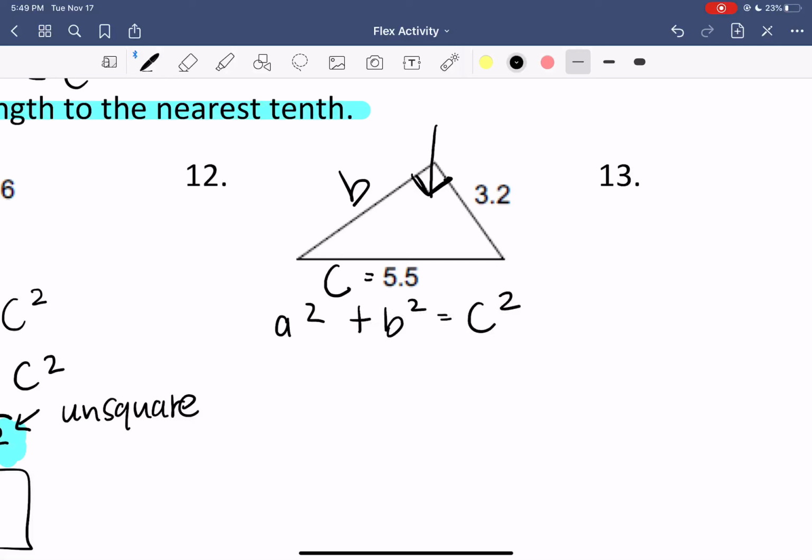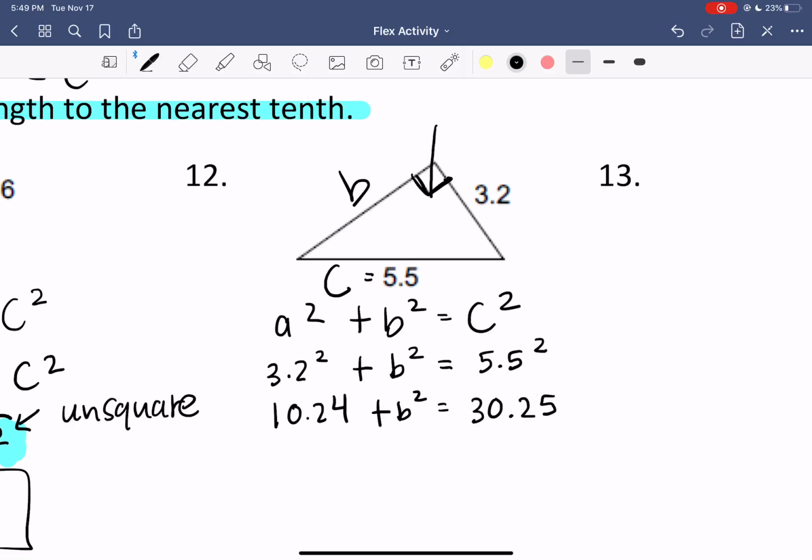I just chose B. So let's take 3.2 squared as A plus B squared that we don't know. And C is 5.5, and then we square it. So 3.2 squared is 10.24 plus B squared equals 5.5 squared, which is 30.25.